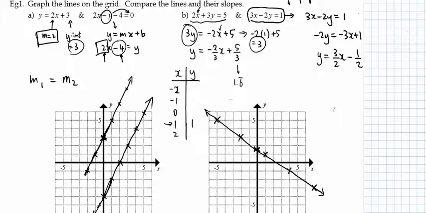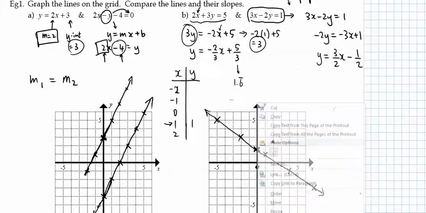This time we have a positive slope, 3 over 2. The y-intercept is at negative 1 over 2, negative 0.5. Starting from this point on the y-axis, it is moving up by 3 and run by 2. Up by 3 and run by 2.